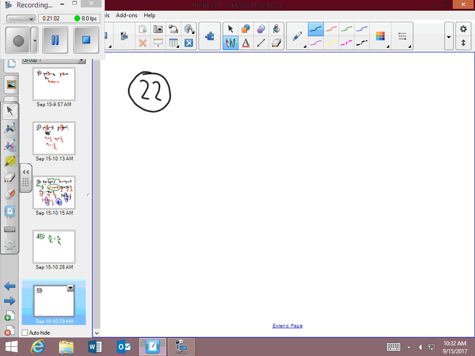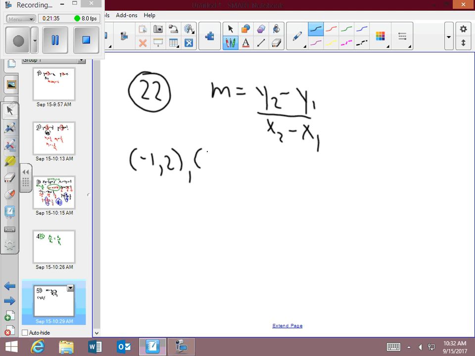So Mildred has suggested that what we have to do is use the slope formula. In each one of these scenarios, there were 2 points. In the first one, we have a line that contains these 2 points. And in the second case, we have a line that contains these 2 points.